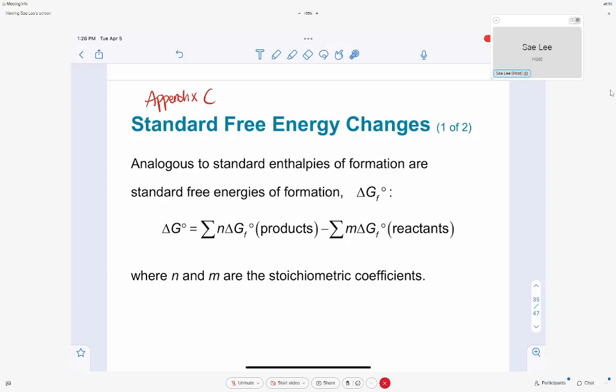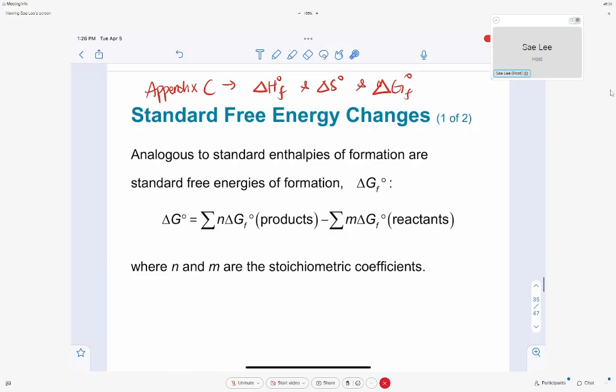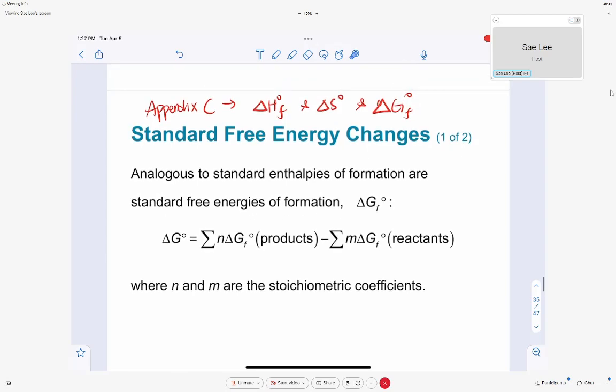If you have looked up Appendix C, you must have noticed that it not only lists standard entropy values, but also standard Gibbs free energy values. These values are pre-published.